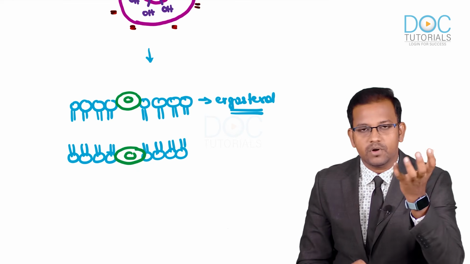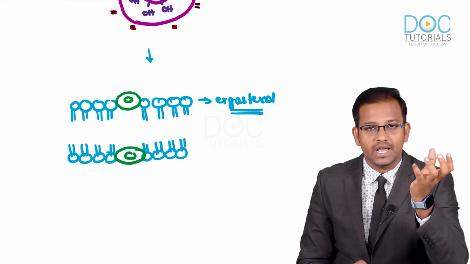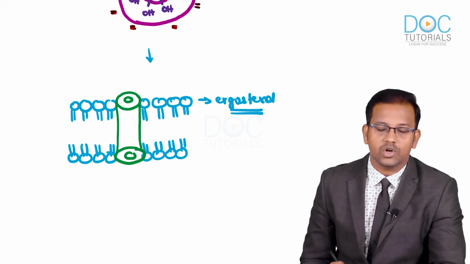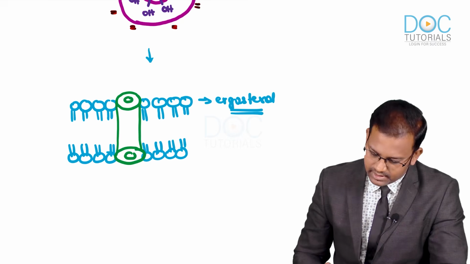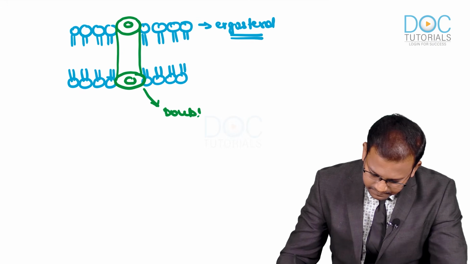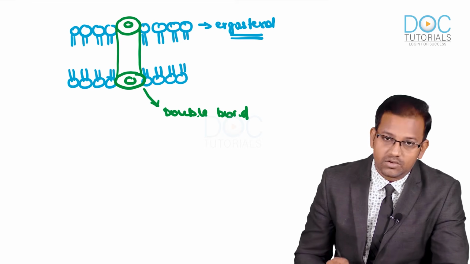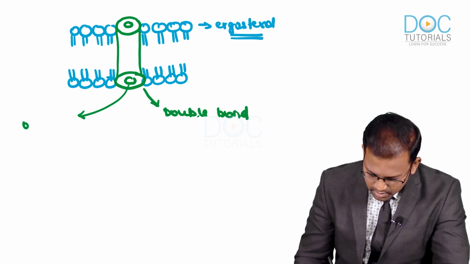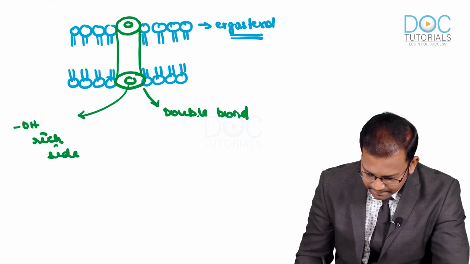The outermost double bonds bind with the ergosterol, and we have a central core of hydroxyl groups.